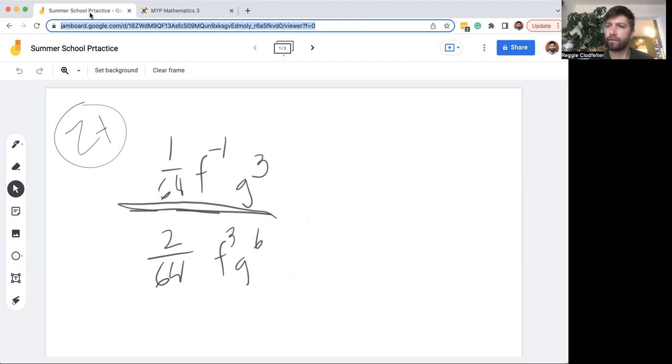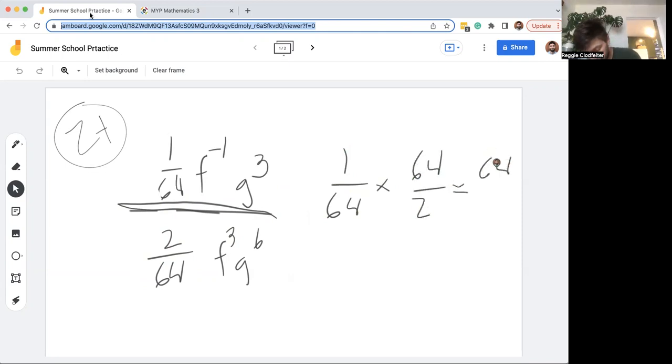What would 1/64 divided by 2/64 be? Well, of course, it's just going to be 1/2. 1/64 is just 1/2 of 2/64, right? We can do our keep change flip. 1/64 times 64 over 2. Okay, and then you're going to get 64 over 128. But again, that's just going to simplify to 1/2.